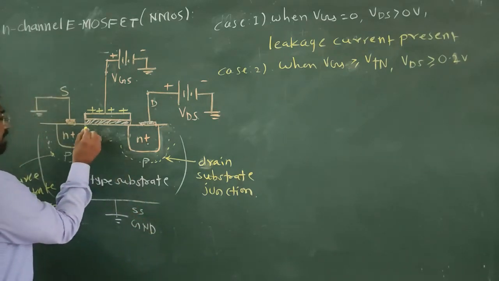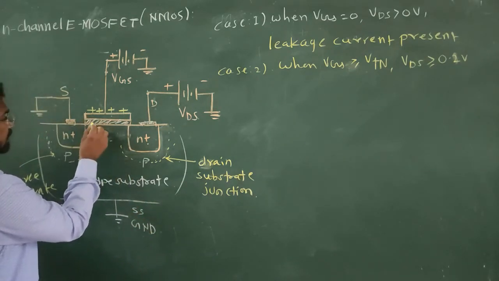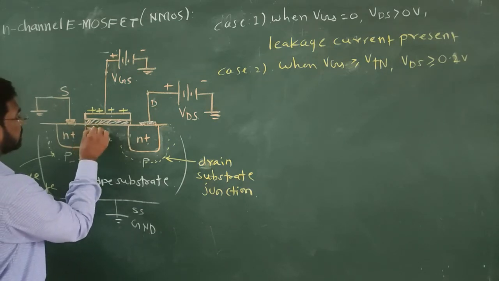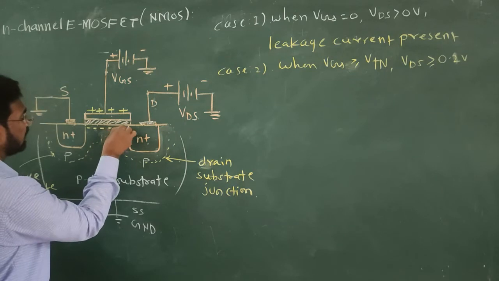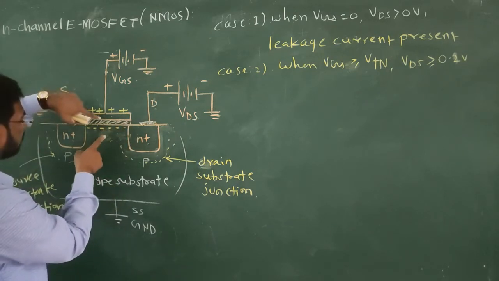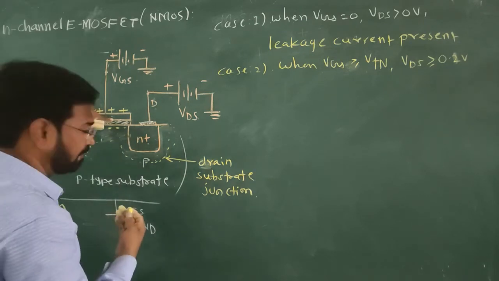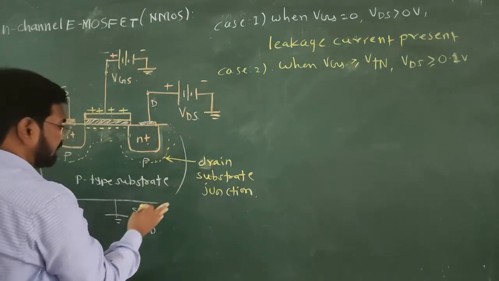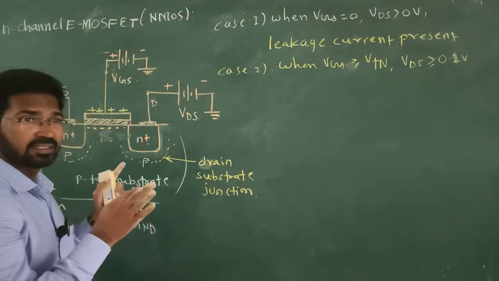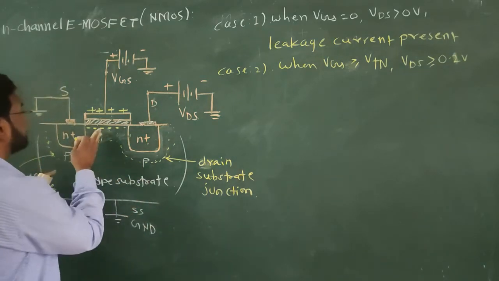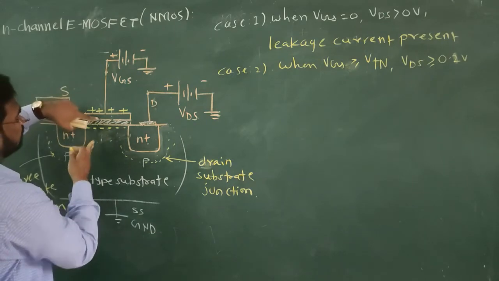Now, due to this, an electric field is produced across this plate and negative charge, that is electrons, accumulate below this oxide layer. From where do these electrons come? This p-type substrate is lightly doped, it has electrons as minority current carriers and these accumulate below this, okay.